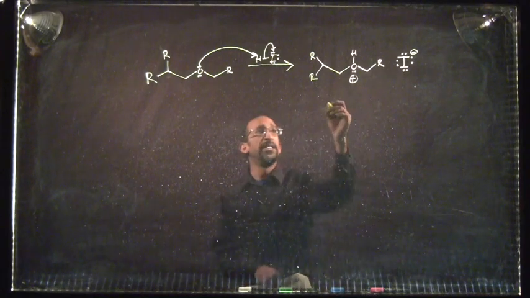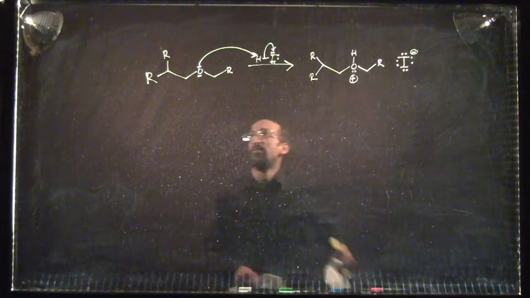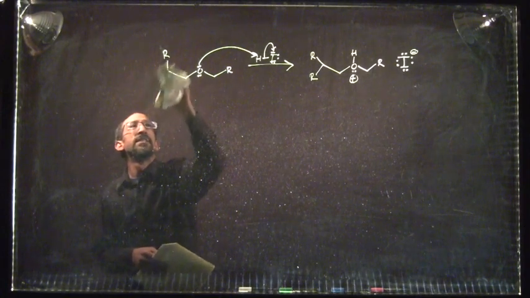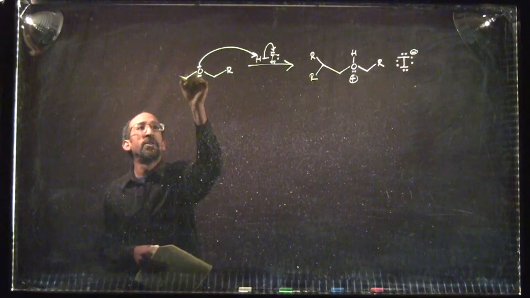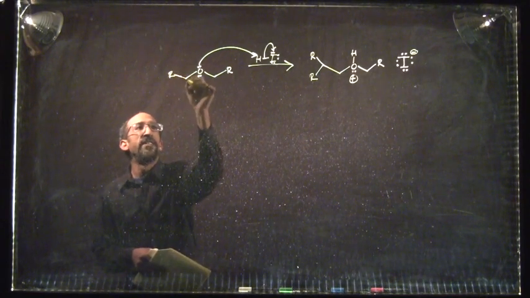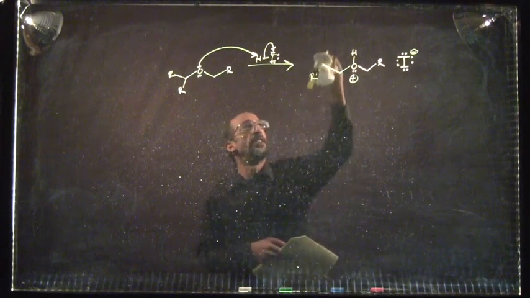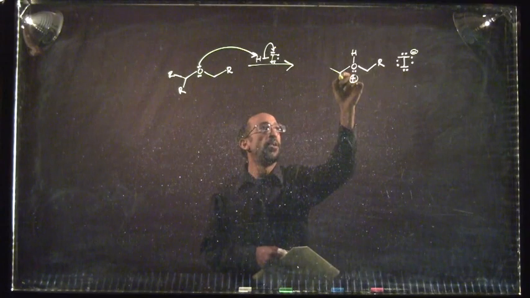Now from here, we have two different types of carbons on this example ether that I've given. I'm going to fix this up a little bit. Didn't quite draw what I intended. So we're going to change that ether here real quick, and we're going to make it a secondary on one side versus a primary on the other, whereas we had two primaries before.